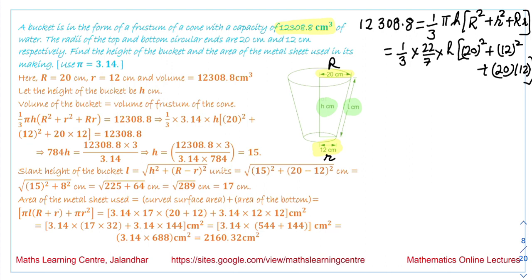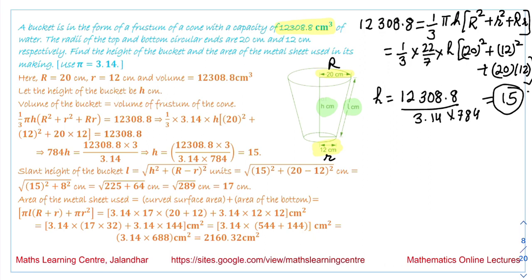On solving this, we get h equal to 12308.8 over, when we solve these values, 3.14 into 784, and this value comes out to be 50. These calculations are shown over here. We equate these two terms, and we have substituted the values over here.